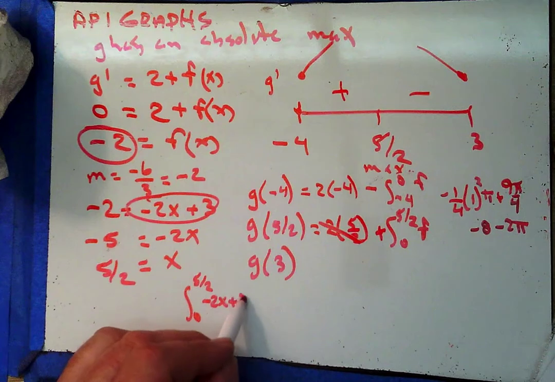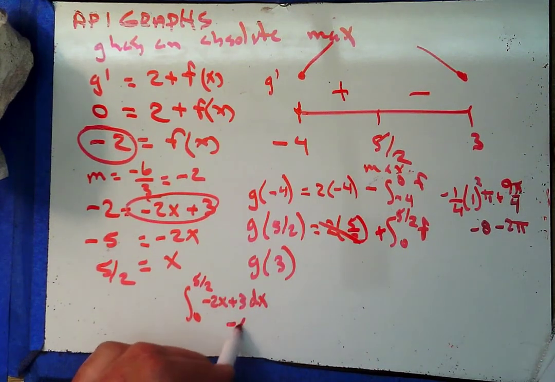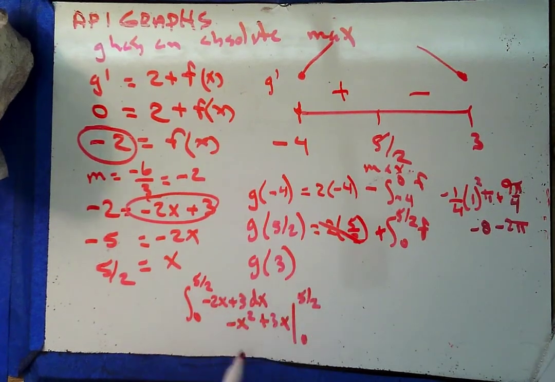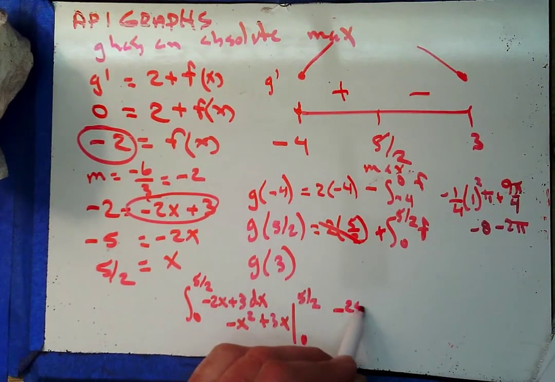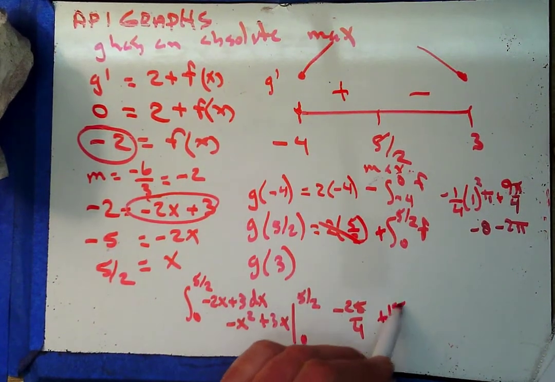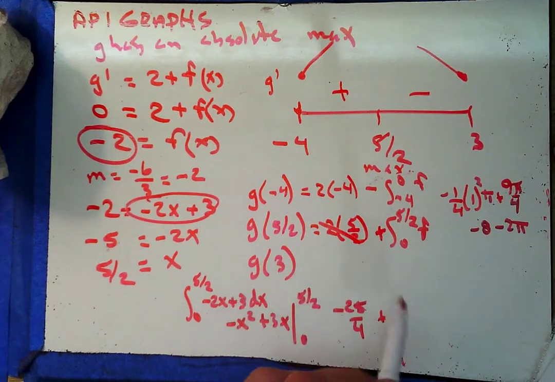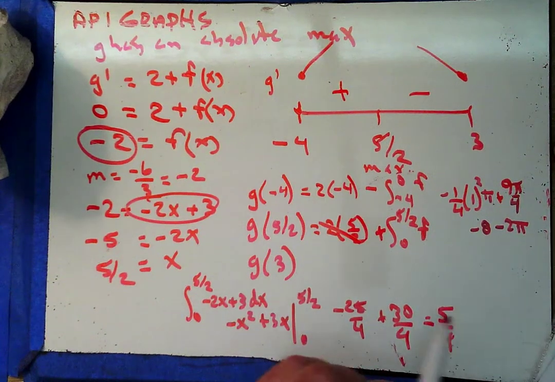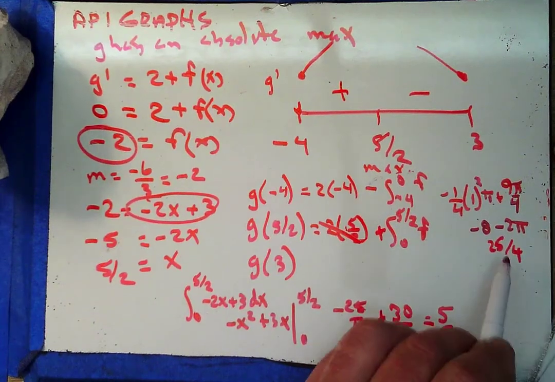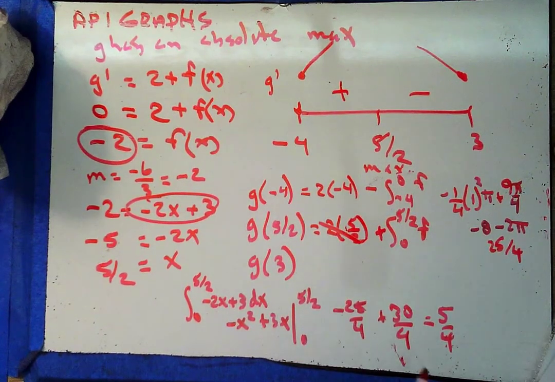Negative 2x plus 3 dx. This would be negative x squared plus 3x from 0 to 5 halves. And that's going to be negative 25 fourths plus 15 halves, or 30 fourths. So we get 5 fourths. Okay, so this was 5 plus 5 fourths, or 20 fourths plus 5 fourths, for 25 fourths. Well, this positive number is definitely bigger than the negative number.